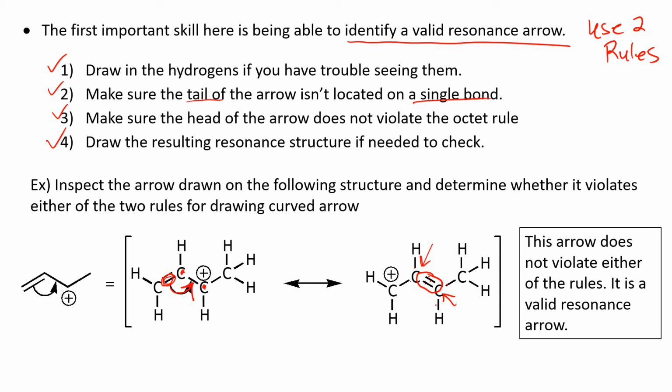That's all right. We haven't exceeded the octet rule. And now we can have less than an octet. This carbon has a positive charge, 3 bonds, and no lone pair. This carbon here is an empty p orbital, or an unhybridized p orbital. So this arrow is good to go.